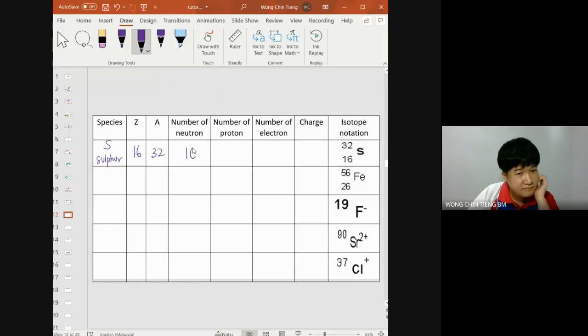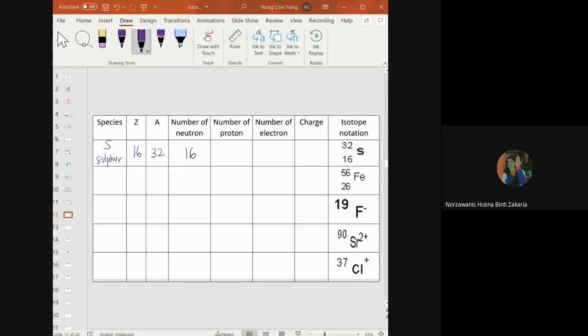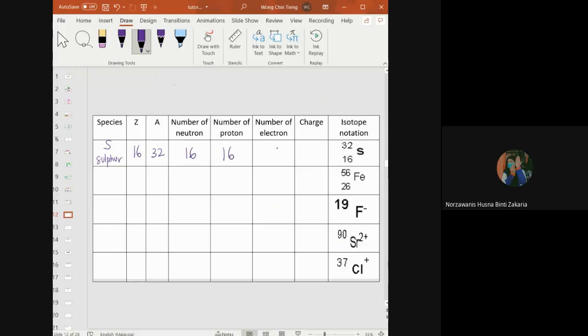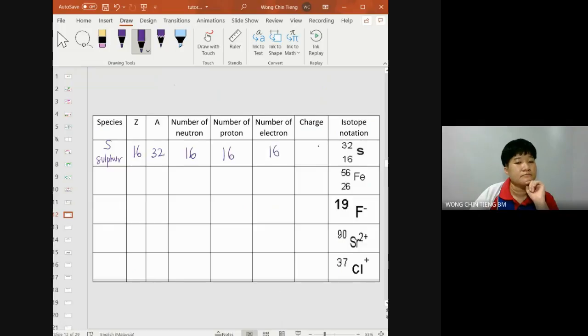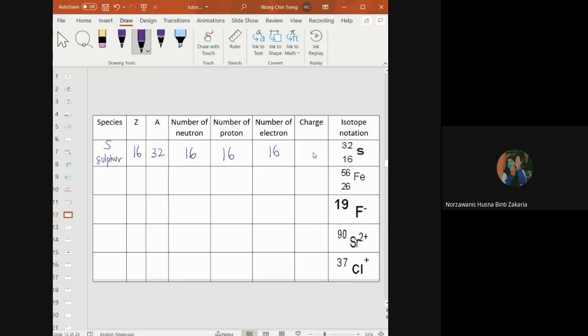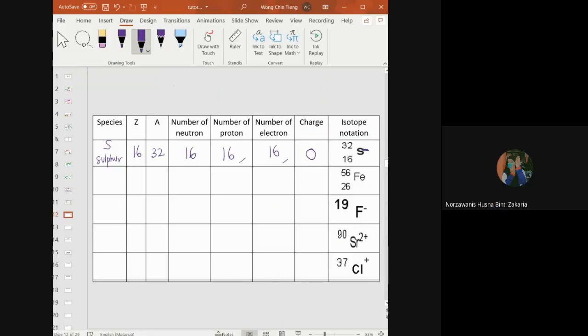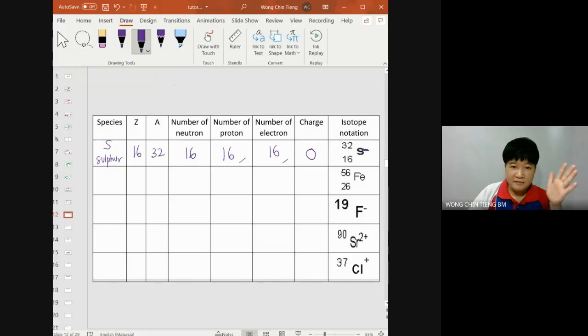Okay, the number of proton is 16. And the number of electron is 16. Why? Because the number of proton and the number of electron are the same. Because there is no charge.